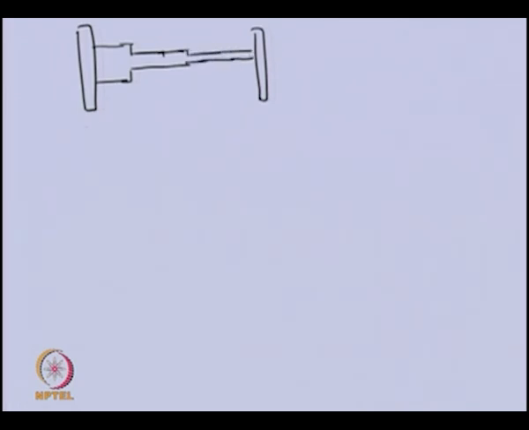So this is IP1, this is IP2, lengths of the various stepped shaft sections are L1, L2, L3, and even their diameters are different, D1, D2 and D3.